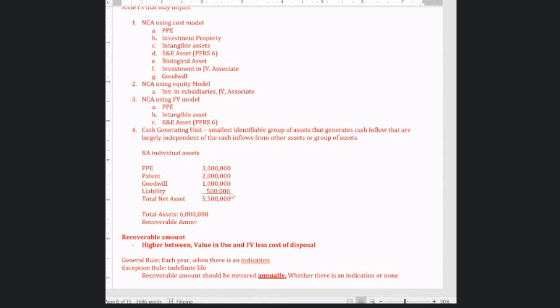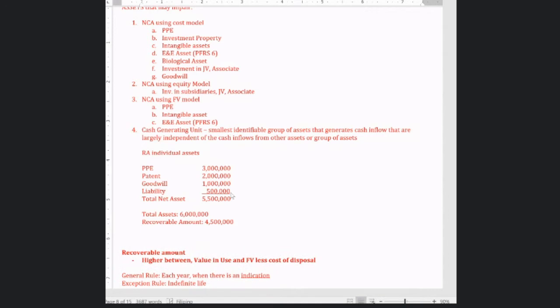Recoverable amount will be 4,500,000. So, makikita nyo dito na ang total assets natin nag-exceed sa recoverable amount. So, meron tayo basically impairment of CGU.